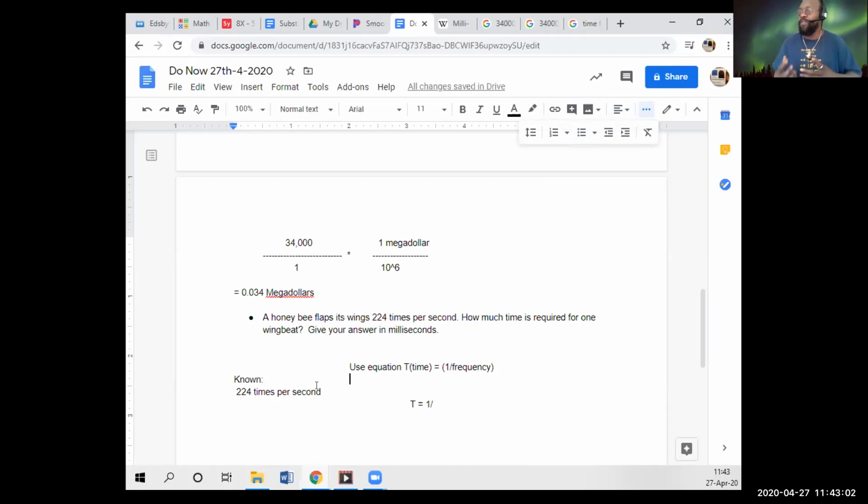This gets tricky because first you have to figure out how fast he's moving using this equation, and then you probably need to convert it to just milliseconds, because this is in a second, so we have to convert that. So let's keep going. The unknown, like I just mentioned, is the time in milliseconds.